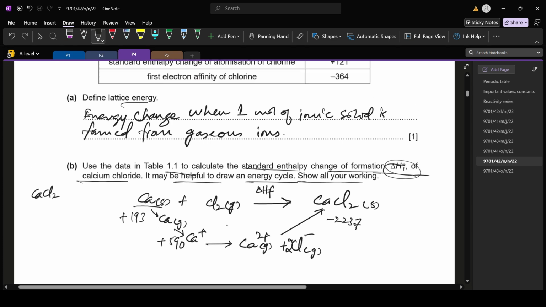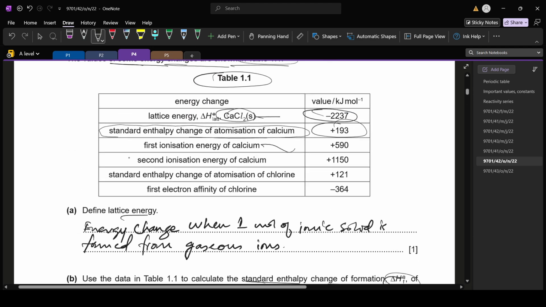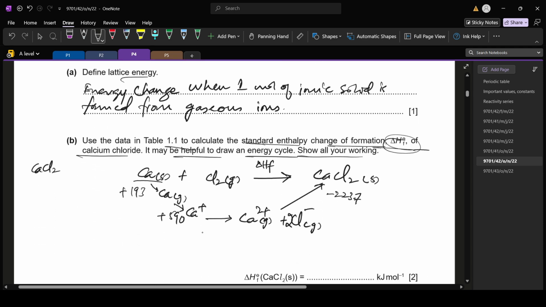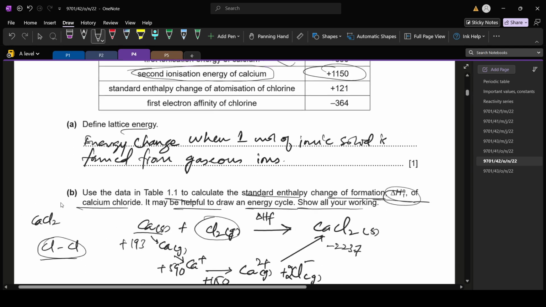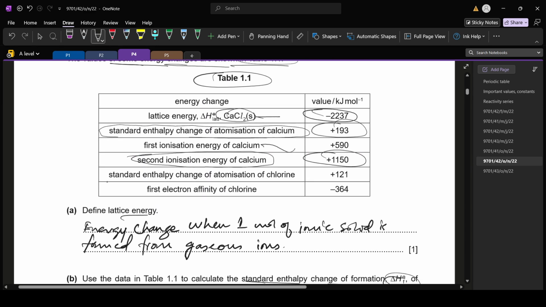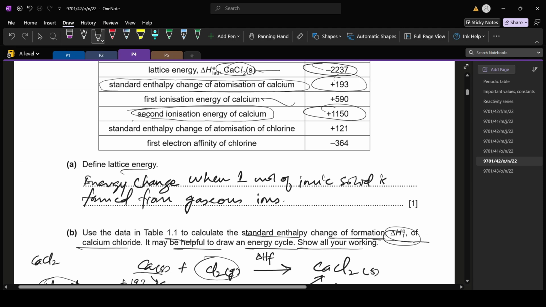and the second ionization energy is plus 1150. Now for the chlorine, you first have to break the Cl bond. You are not given the bond energy of this bond, but you are given the standard enthalpy change of atomization of chlorine.